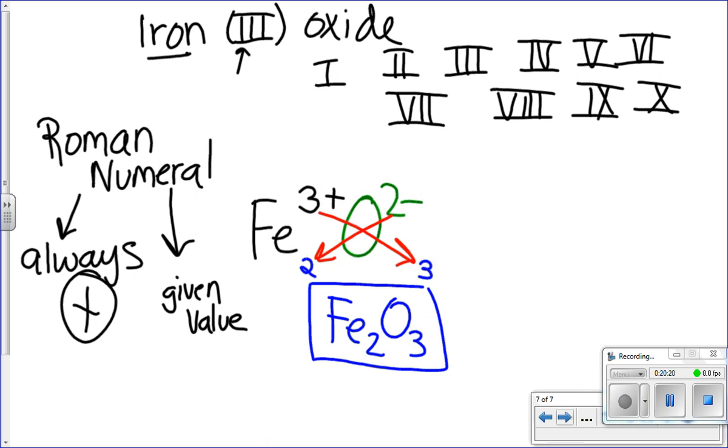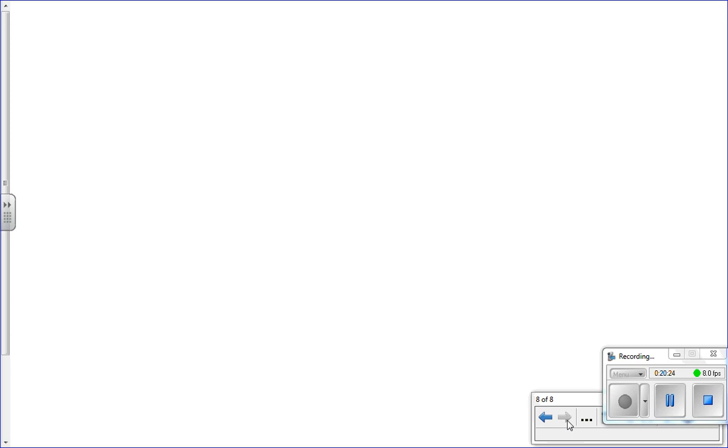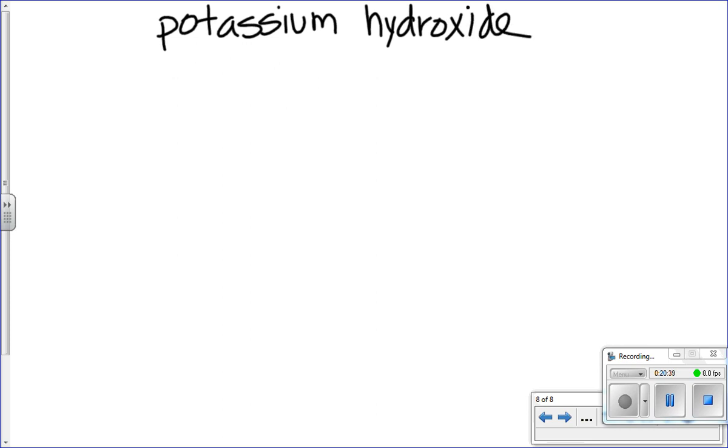Okay, there's one other thing. Let's look at potassium hydroxide. So potassium is something that you've heard of before, but hydroxide might be new.